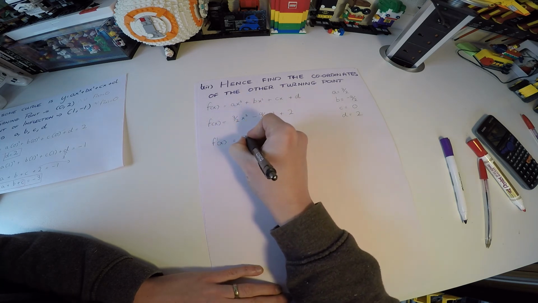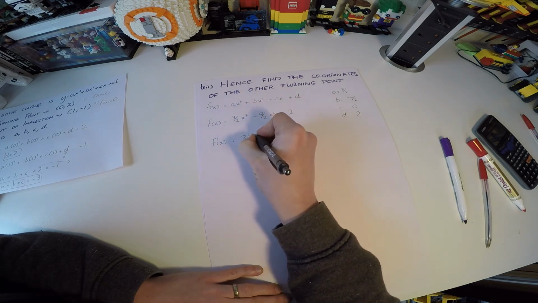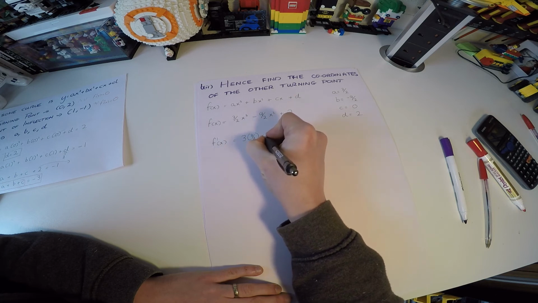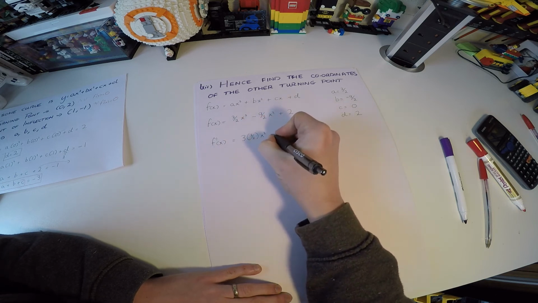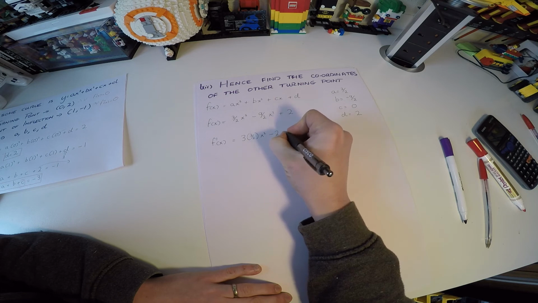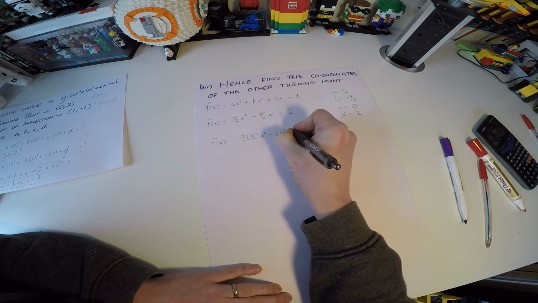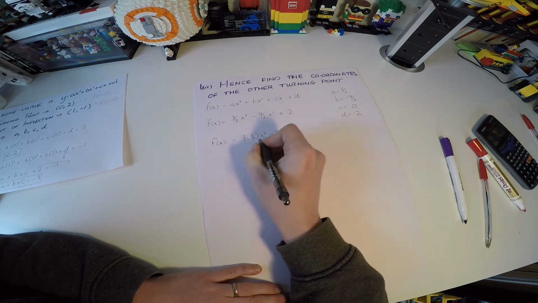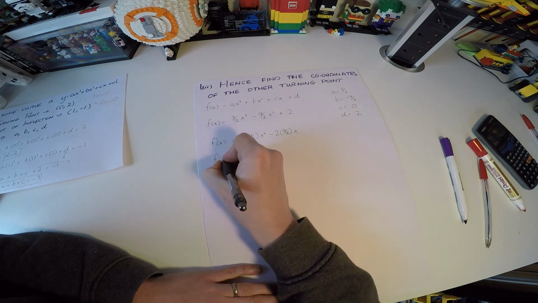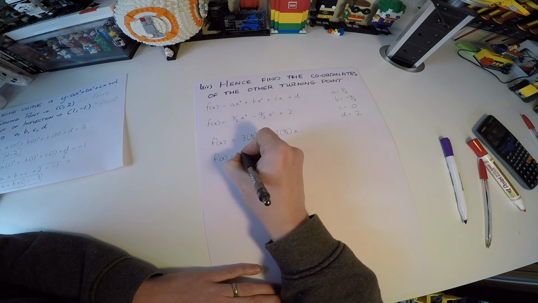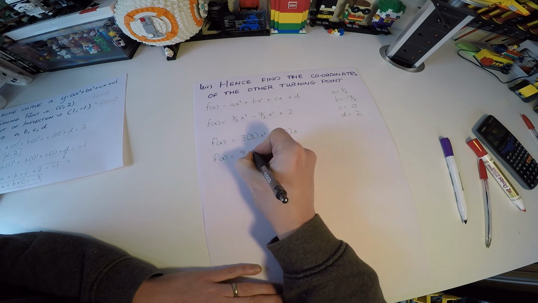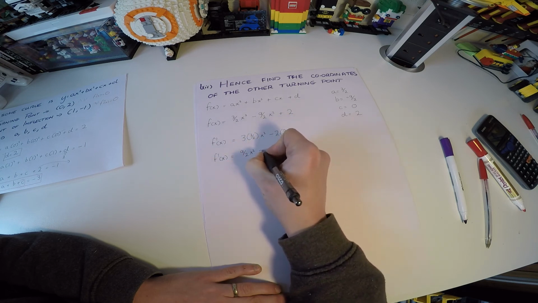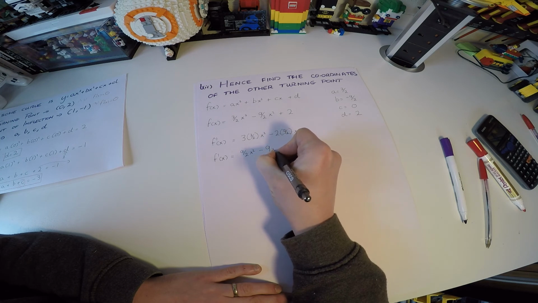So 3 comes down in front, 3 times 3 over 2, and that's now with an x squared. 2 comes down in front, that's minus 2 times 9 over 2, and it's regular x. We differentiate a constant, it goes to 0. So a small bit of tidying up here. We're still with the first derivative. That's going to be 9 over 2 x squared, and these two cancel, giving us a minus 9x.